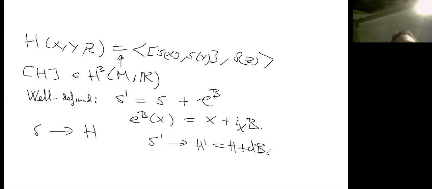This is just a calculation using the natural properties of the Lie derivative, the Lie bracket and the exterior differential. So this tells me that the cohomology class is well defined.